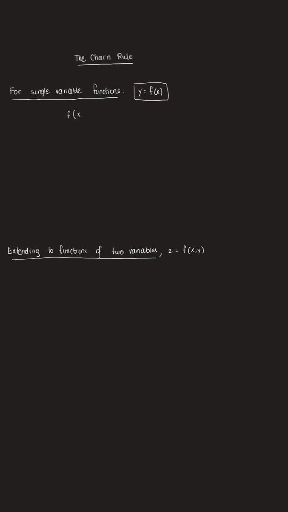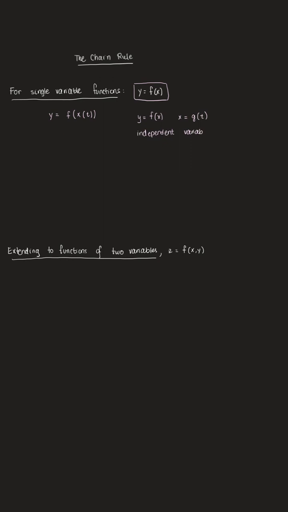So let's suppose that y is still f of x, but x also depends on t. So here we have that y is still f of x, but x is some function, let's call it g, that depends on t. So here the independent variable is t.